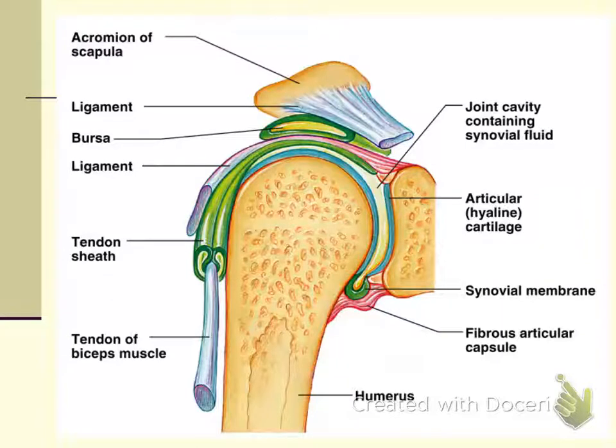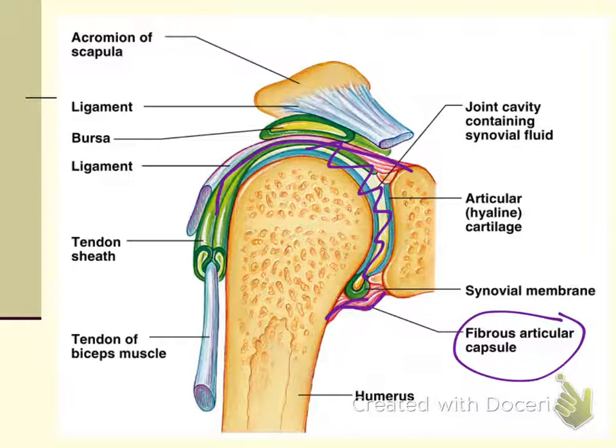So the first thing you're going to notice in a joint is the hyaline cartilage covering the ends of the bone where the bones are going to actually touch. Those are called the articular cartilage. Then a fibrous capsule, in the red, is going to completely surround the two bones together to form this space inside called the joint cavity.